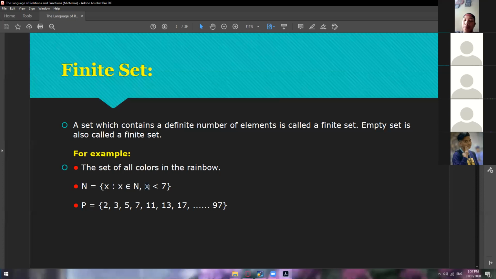And then your x or your element should be less than 7. So again, yung natural numbers natin is 1 to onwards. Okay? So in here, our elements of set n is 6, 5, 4, 3, 2, 1. Okay? So this one is finite because you can count the elements inside of it. Another one is 2, 3, 5, 7, 11, 13, 17.